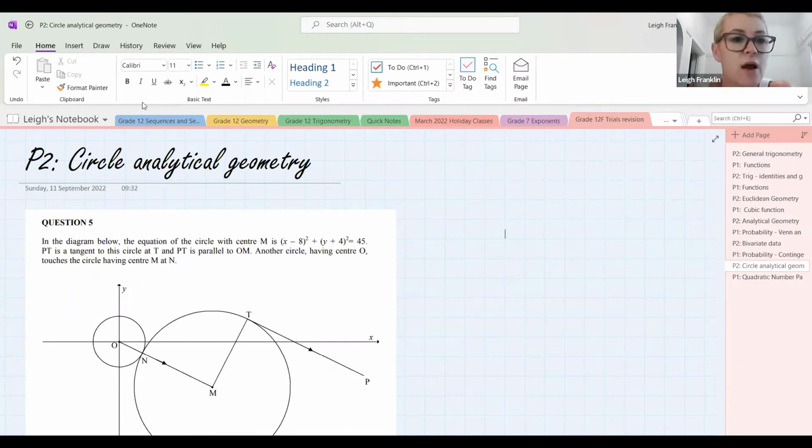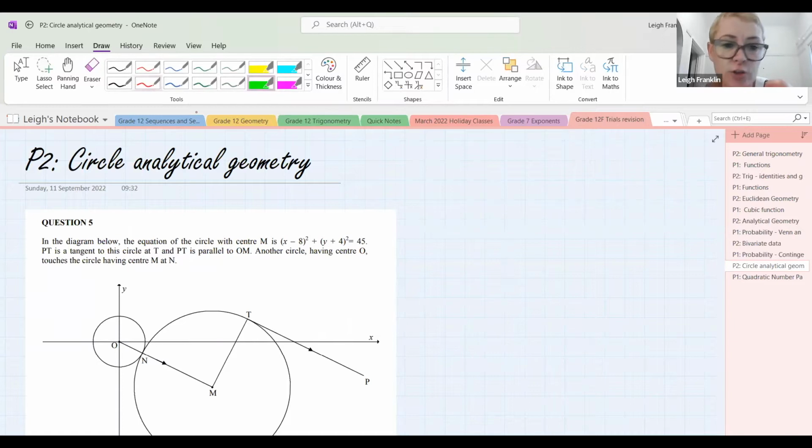If you recall, when circles are not centered at the origin, we use the formula (x − a)² + (y − b)² = r² to define a circle.